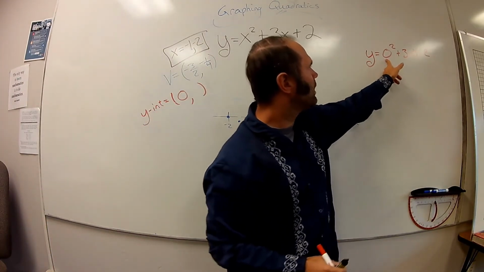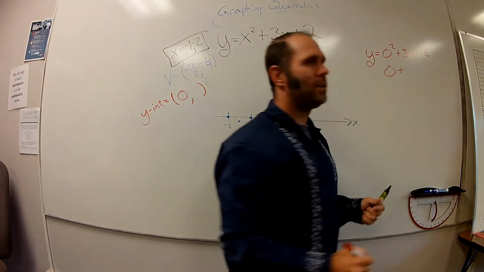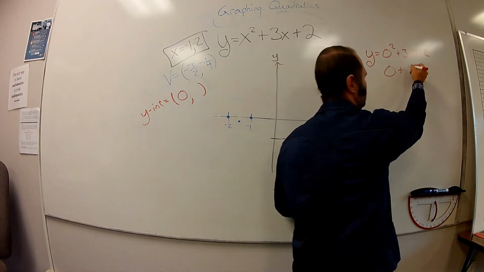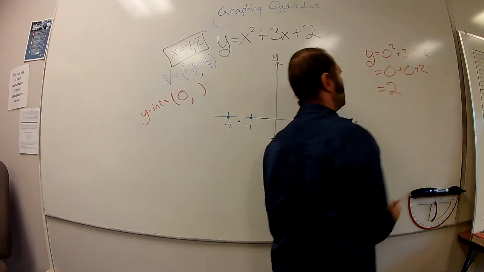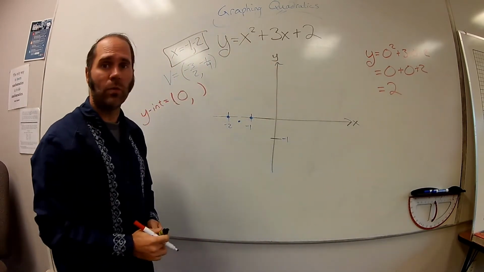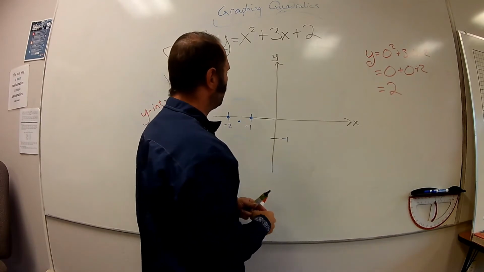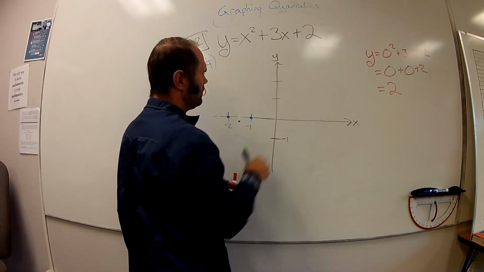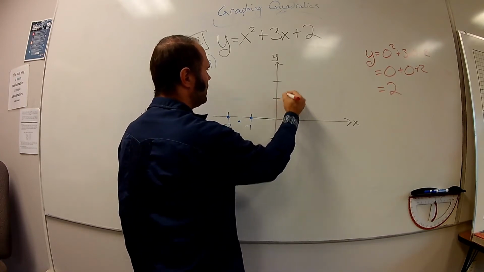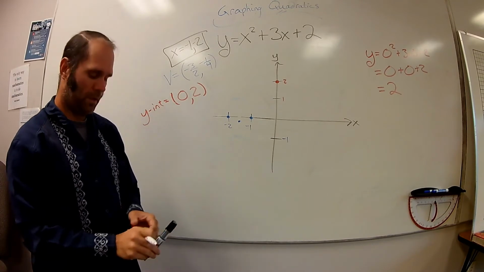So 0 squared is still 0. 3 times 0 is 0 plus 2. So 0 plus 0 plus 2 is 2. So we get 2. So if we go up 2, there we go. We've got ourselves the y-intercept.